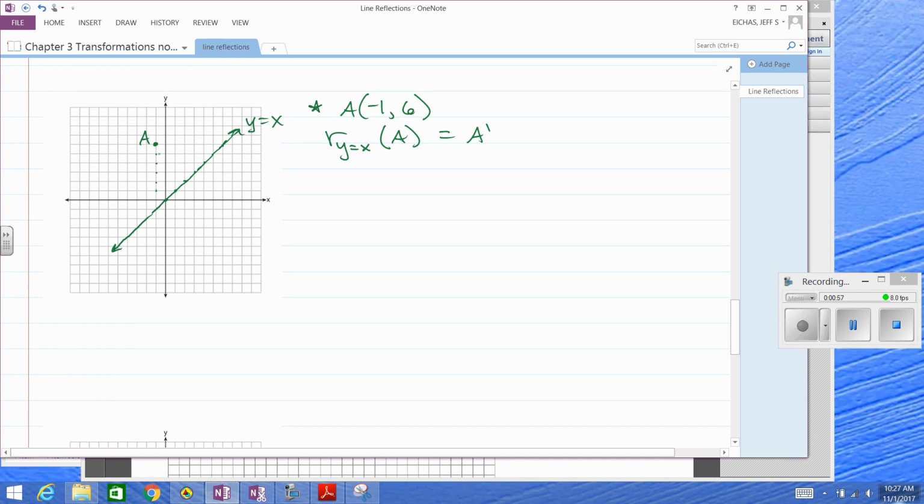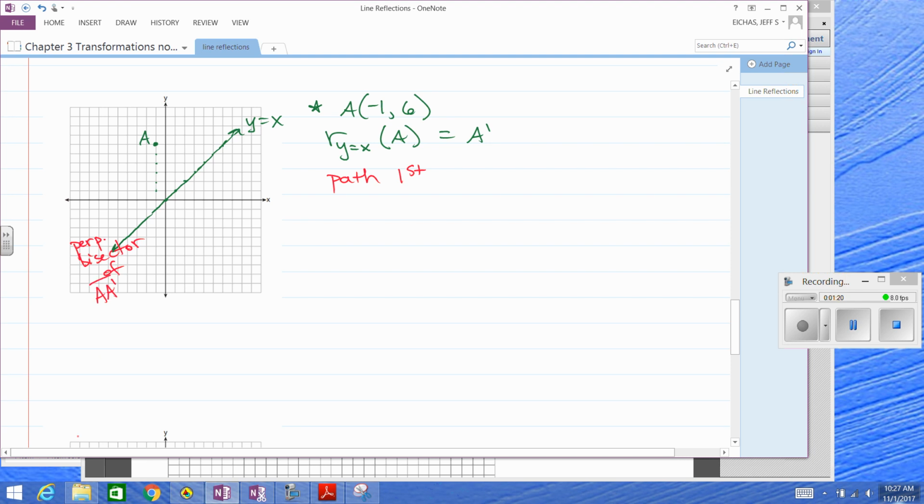Okay, and what we're doing is, trust me on this, you want to plot the path first, the path A is going to travel. Basically, this line is the perpendicular bisector of A to A prime.